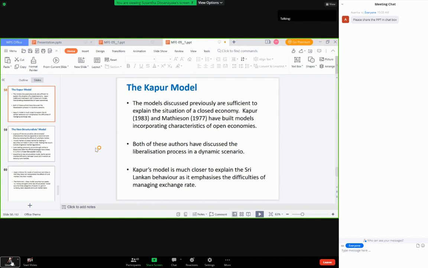When we talk about this point, it is mainly applicable to developing or underdeveloped nations or economies. When the economy is underdeveloped or developing, they always encourage importation. Why?